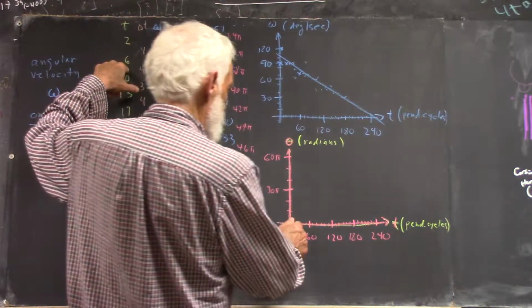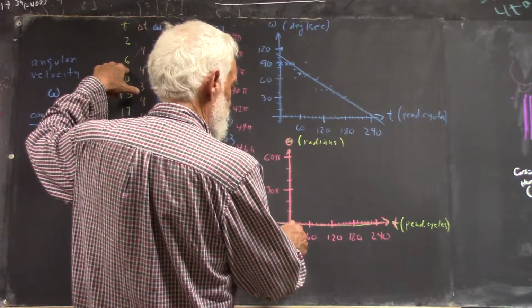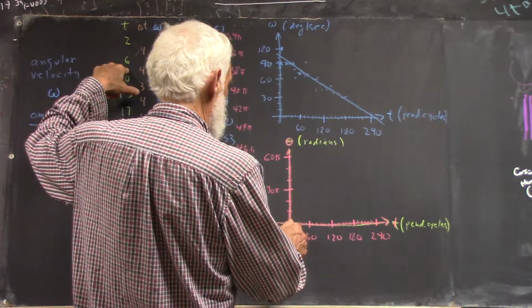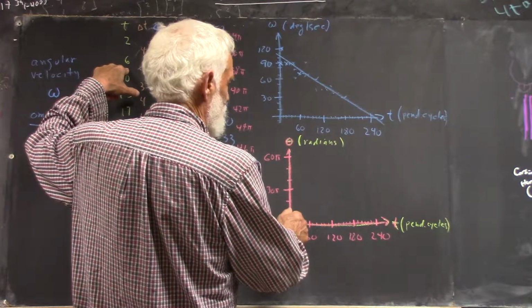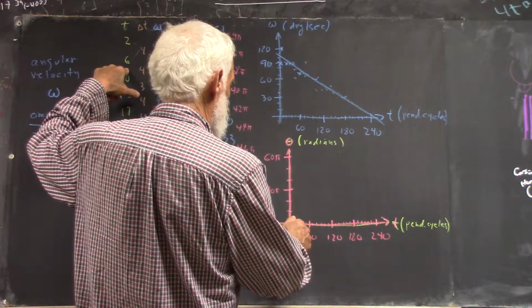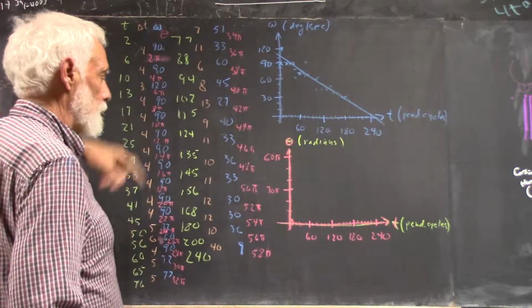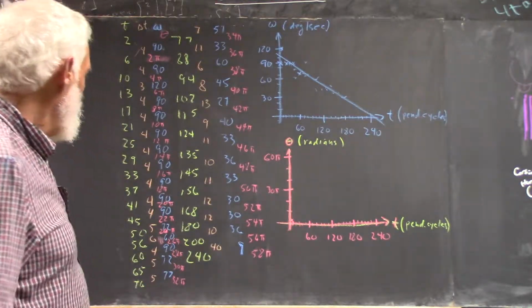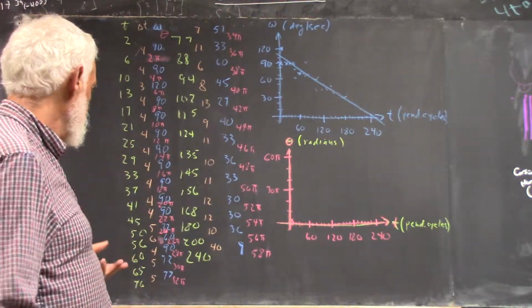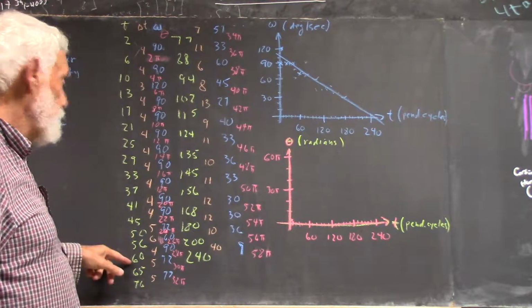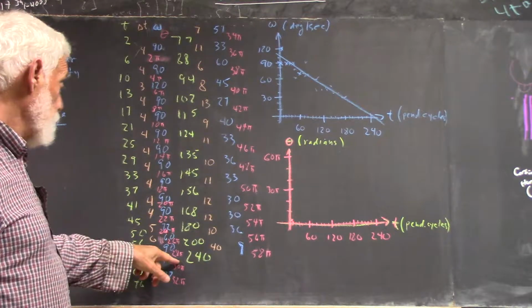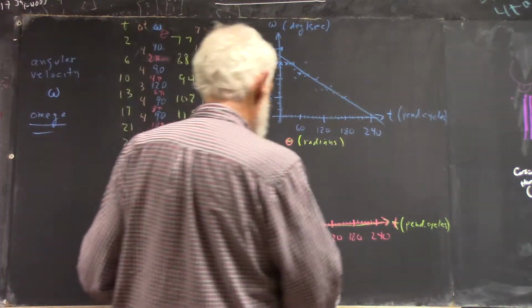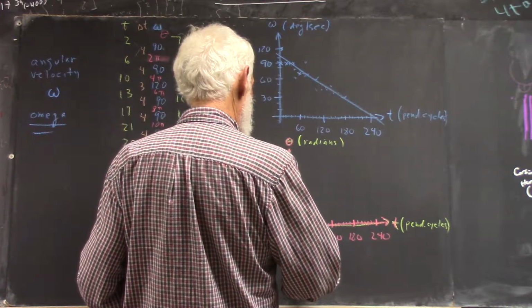Now 6 is over here pretty close to the axis, inside the 10 mark. And 2 pi, that's 10 pi, 2 pi is going to be here, so that's going to give us a point somewhere around here. Now, I'm not going to do a whole lot of points. I'm just going to skip down to 60, let's say, and we're at 28 pi. So at t equals 60, we're at 28 pi.